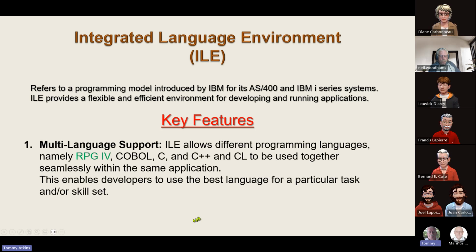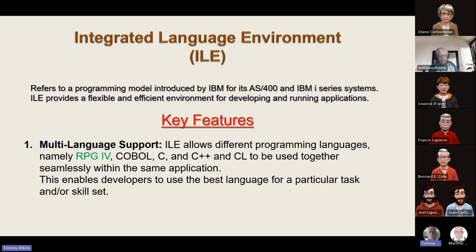The first one is what has been called multi-language support. This means that you can use different programming languages, and here there's a list: RPG4, COBOL, C, C++, and CL.